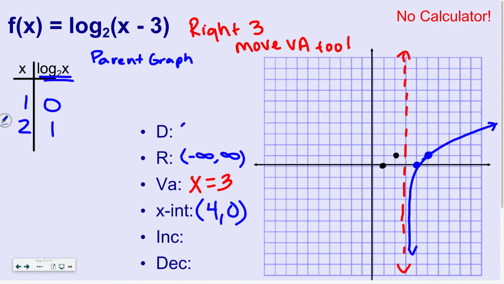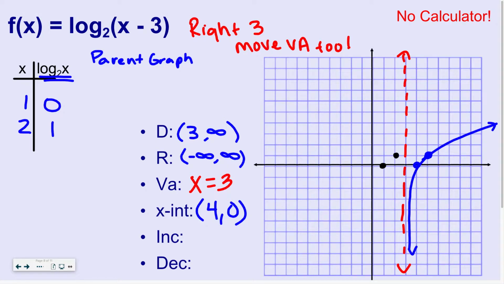And then domain, what would we change about domain? 3 to infinity. Excellent. So if your vertical asymptote shifts, then you're going to have a shift in domain as well. There's no graph on the other side of 3, so don't include that in your domain.